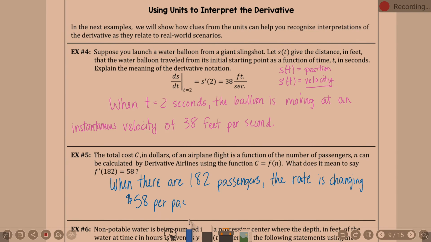Okay. Labels, throwing the word rate in there, those are going to be key pieces.